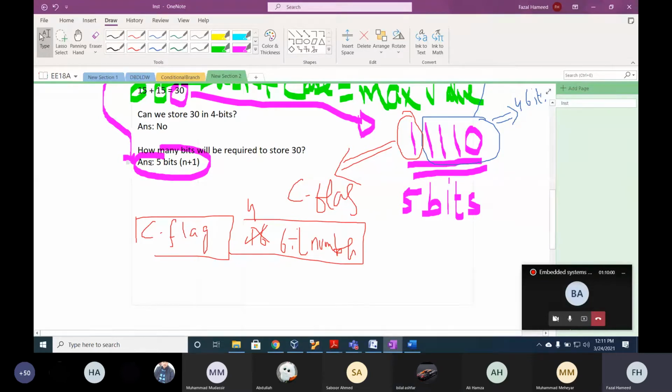Now let's assume another question. If we multiply two n-bit numbers, how many bits are required to represent the maximum value?